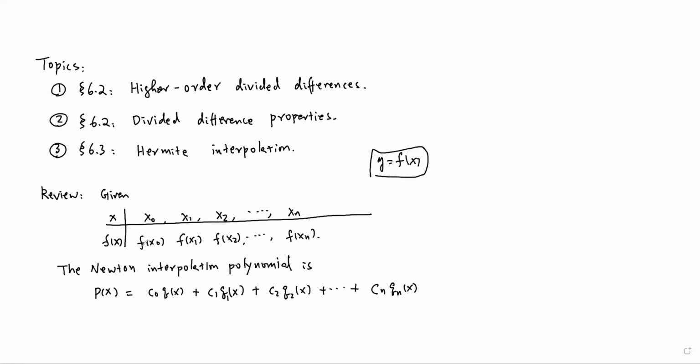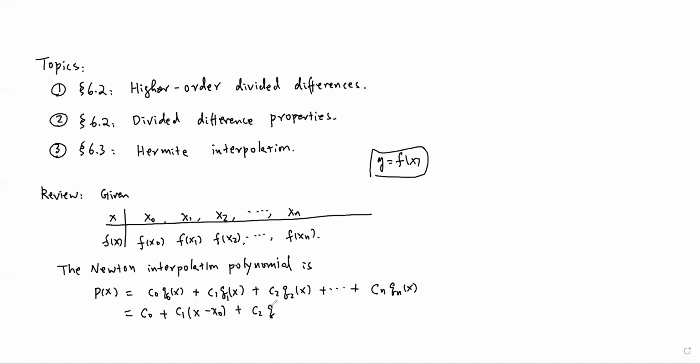Then the Newton interpolation polynomial that interprets this table is a polynomial of this form. Q0 is 1. Q1 is x minus x0.